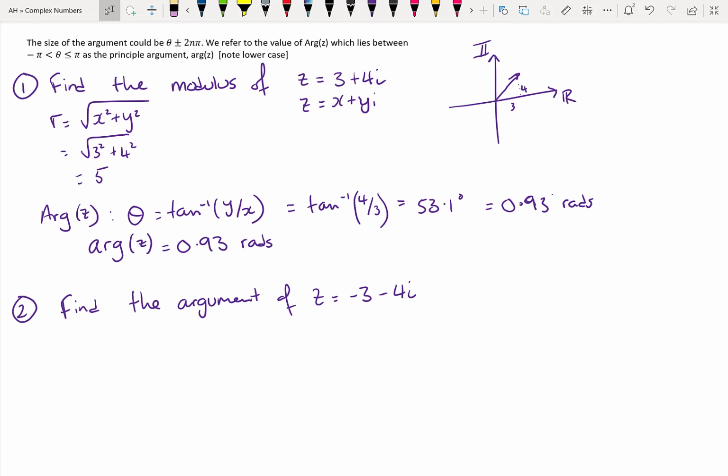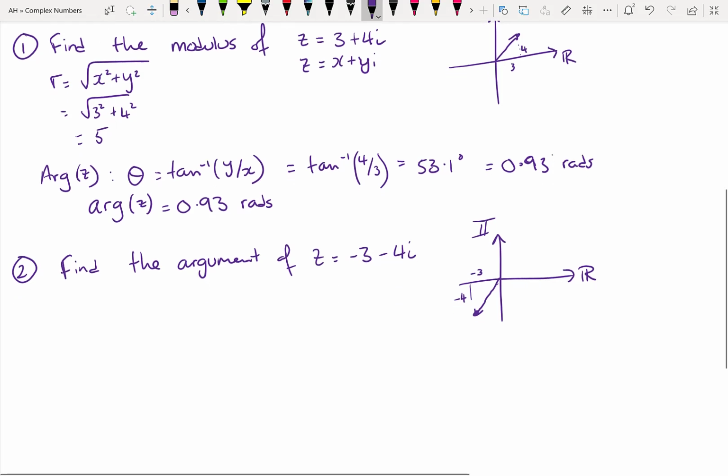So again, I'm going to draw a quick sketch so that I can get my head around what's happening. I've got minus 3, minus 4, and so it's actually going to go that way this time. So the modulus is going to be the same as above. We'll write that down just for the sake of the notes.